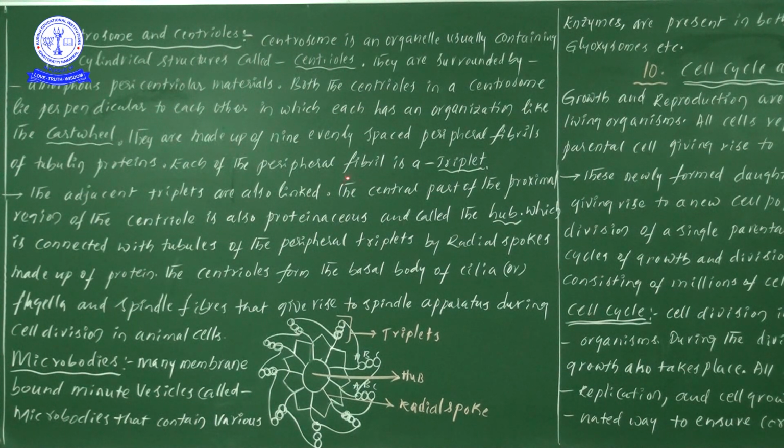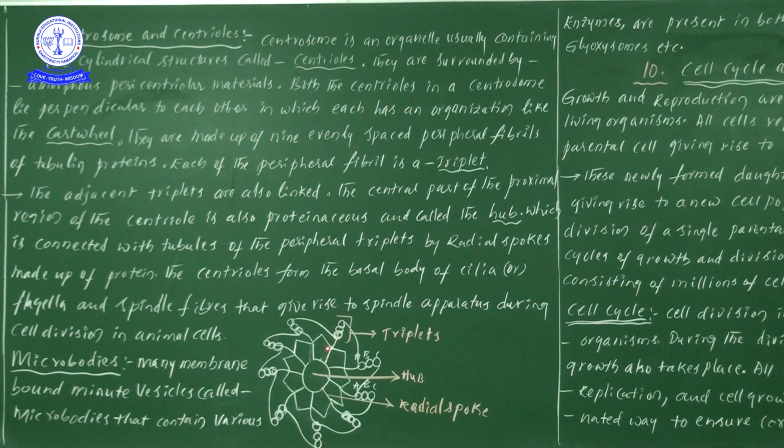Next, each of the peripheral fibrils ends with a triplet. That's why we have written: each of the peripheral fibrils is a triplet.